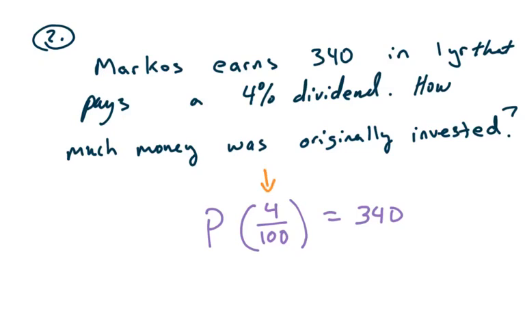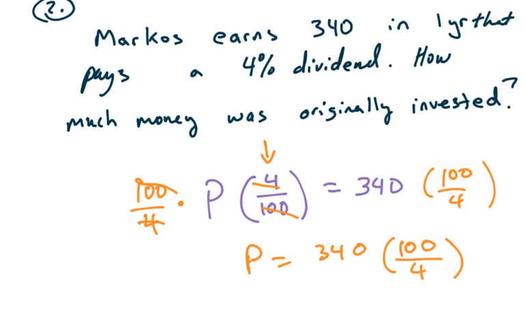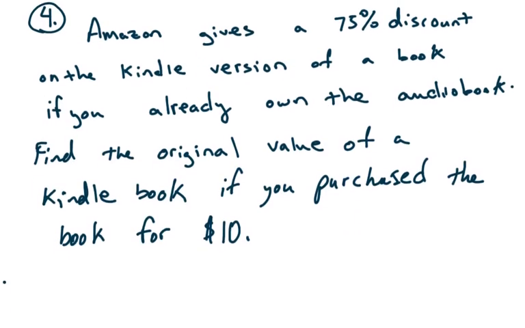We want P, the original amount, by itself. So to do that, we always multiply by the reciprocal on both sides, because 100 divided by 100 is 1, and 4 divided by 4 is 1. So the answer would be whatever 340 times 100 over 4 is, or 25 times 340. Again, I'm not concerned with that. Let's go on to the next question.